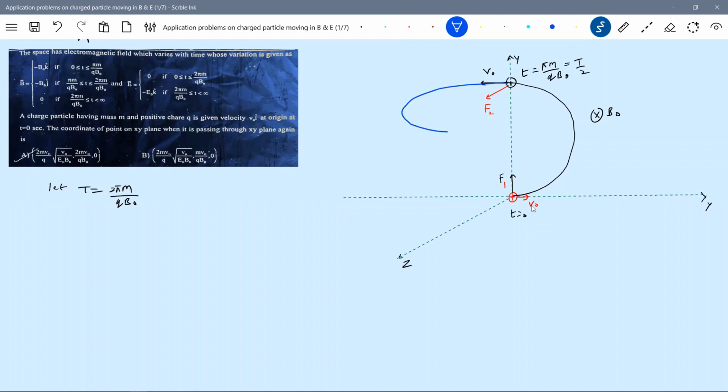Then here the velocity of the charged particle will be directed parallel to the x-axis. After this, the magnetic field will be switched off.